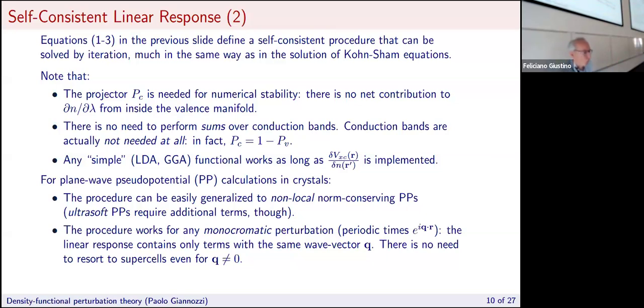As I've mentioned before, the projector on conduction states, which is needed to ensure numerical stability, to get rid of contributions that are not supposed to be there, can be written as 1 minus the projector on the valence manifold.